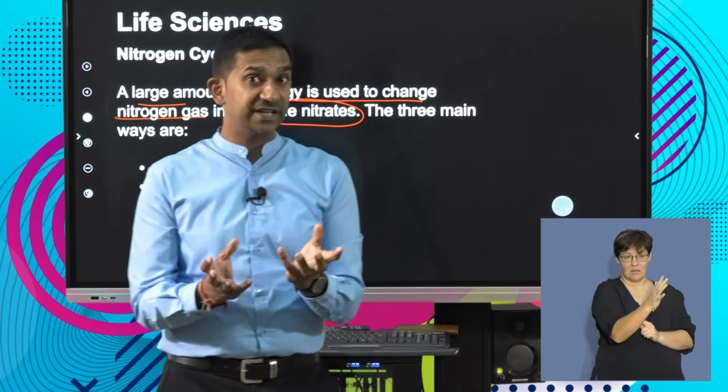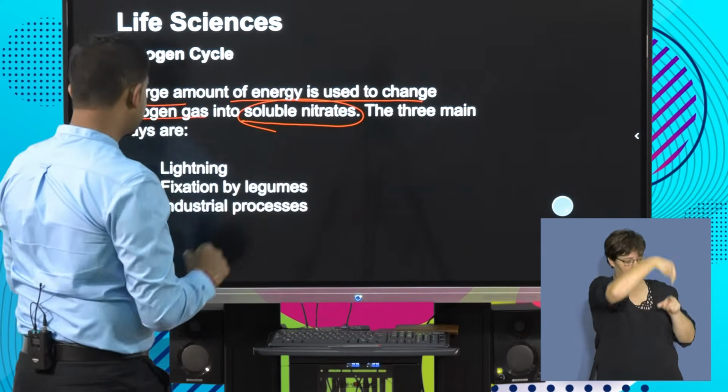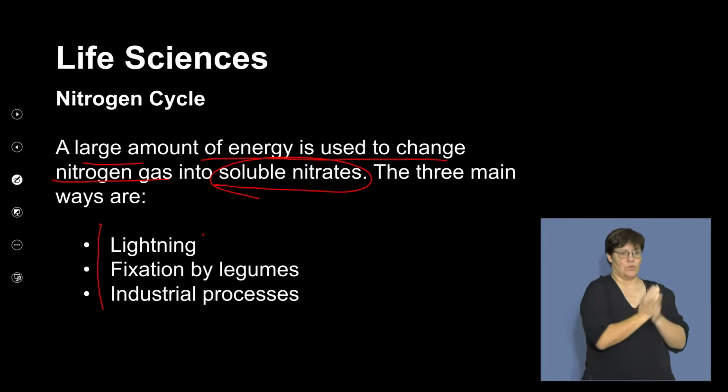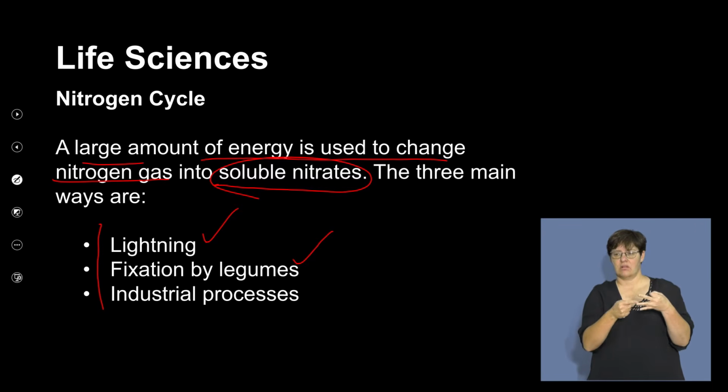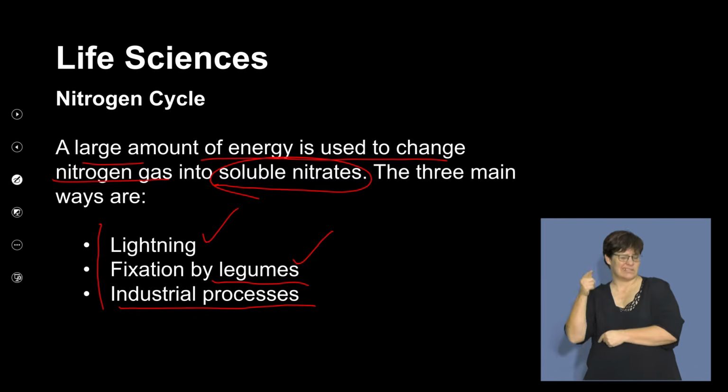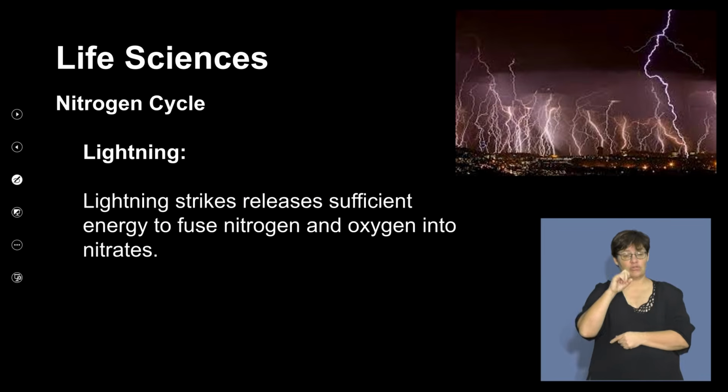To do this, there are three main processes: lightning, a natural process; fixation by legumes, which are plants, and I'll refer to these in a little while; as well as some industrial processes that use artificial nitrogen.